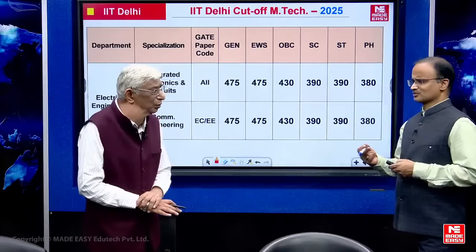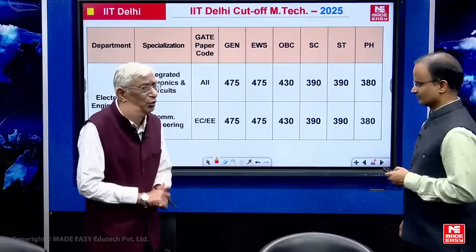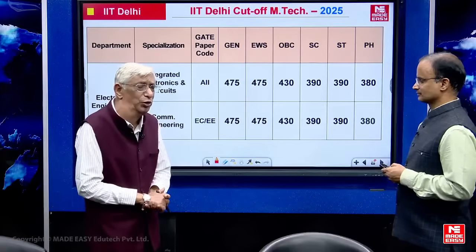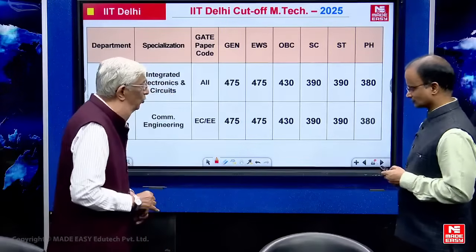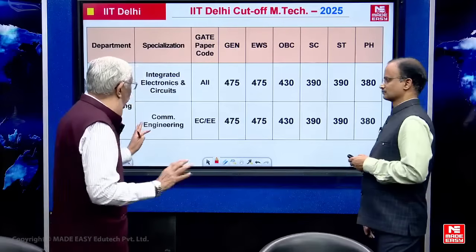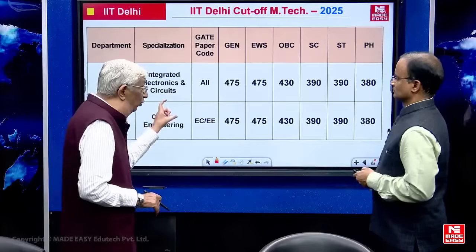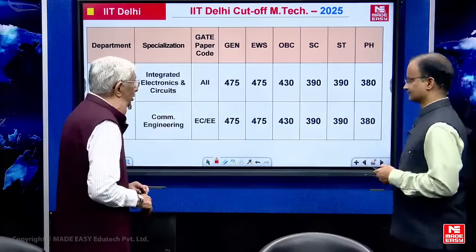Not on Telegram, but this will be available on the app. Once you have downloaded the app on your phone, you can access the PDF of this entire data that we are discussing, so that you can go through it at leisure and take a call. These are only for eligibility. These are not final admit cards.